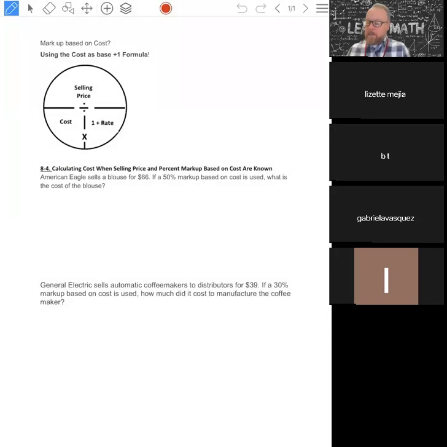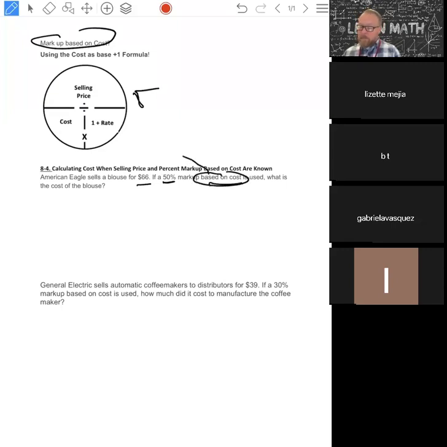So again, markup based on cost. We're still using the same formula, the cost plus one. So 8-4 says, calculating cost when the selling price and percent markup based on cost are known. American Eagle sells a blouse. That's their selling price. If a 50% markup is based on cost, what is the cost of the blouse?